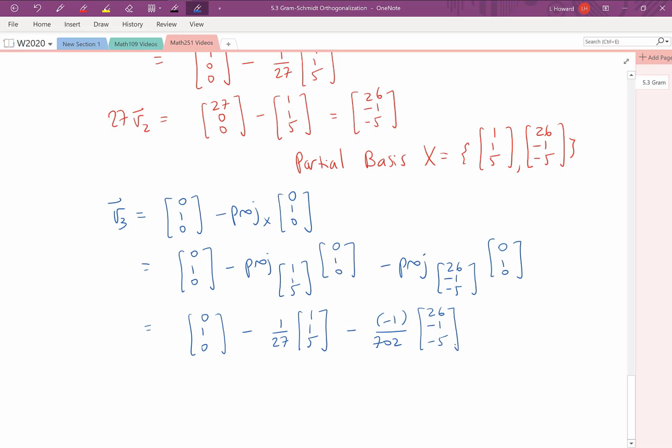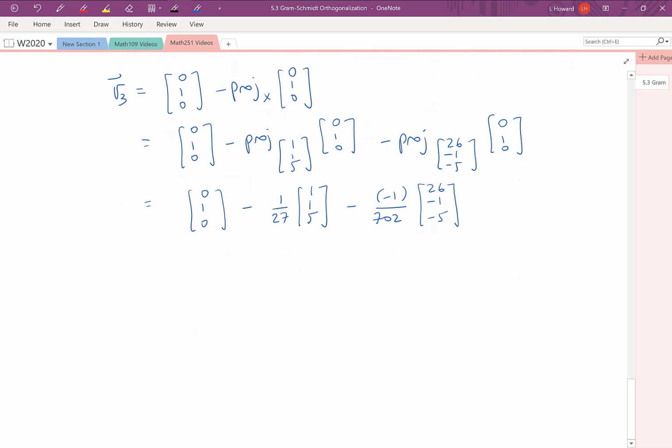Okay, so now we're going to think about scaling V3. What we need is the lowest common multiple of the denominators here. So if we think about our denominators 27 and 702, if you're really careful here, you could check whether 27 actually divides into 702, because if it does, then 702 would actually be our lowest common multiple.